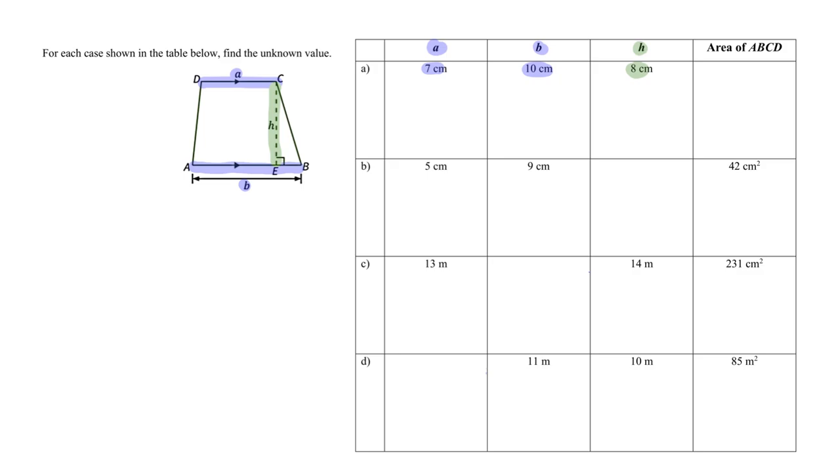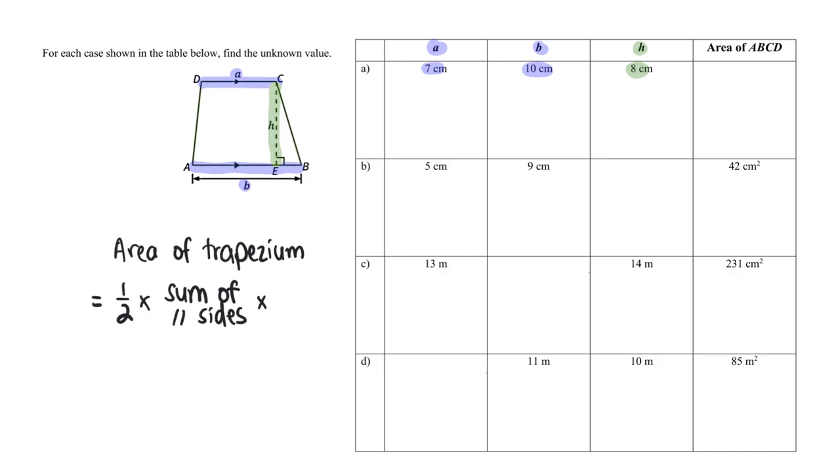And with that, I could easily find my area, because area of a trapezium is equal to half times the sum of the parallel sides times the height, which is the perpendicular distance between the two parallel sides.